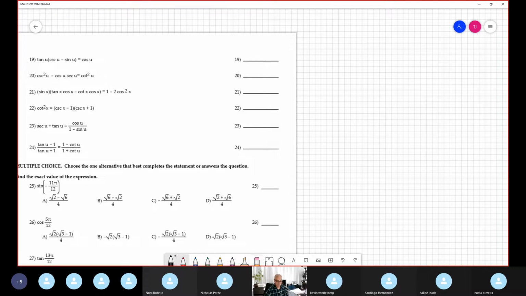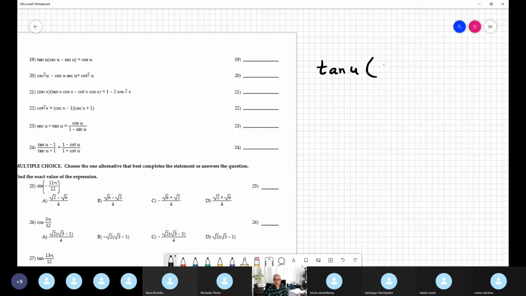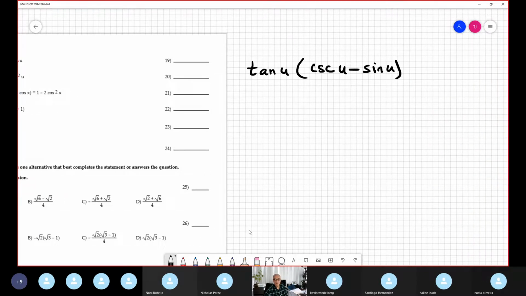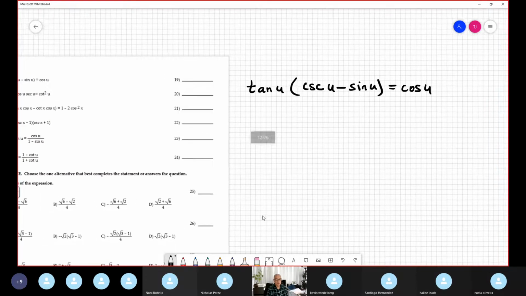Look, suppose tangent U times the parenthesis cosecant U minus sine of U is equal to cosine U. I need to prove that. We're doing 19.